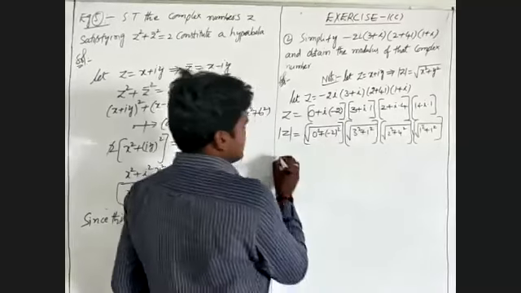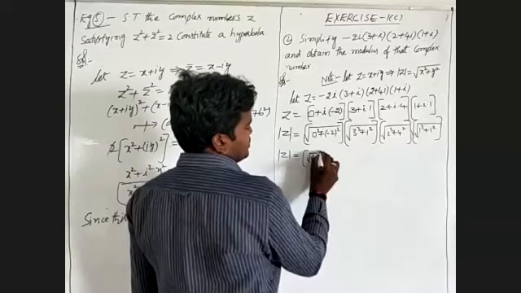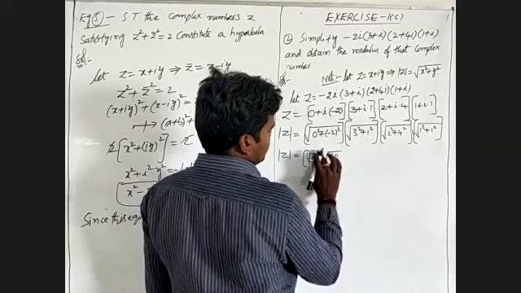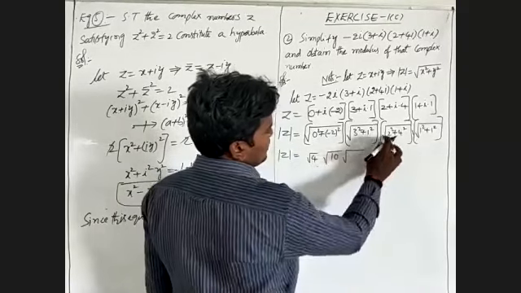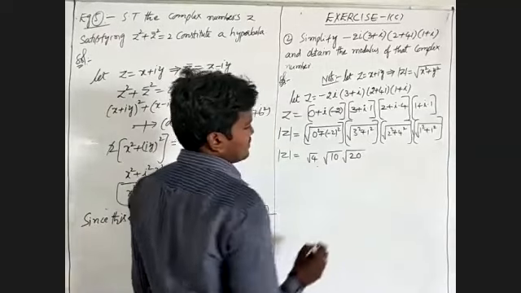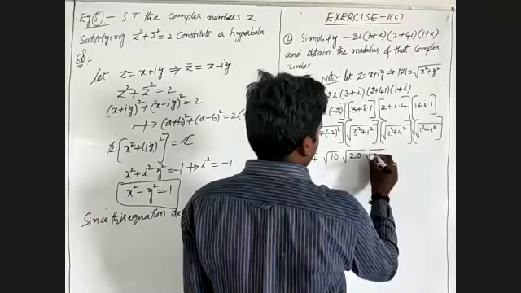It must be written as mod z is nothing but root 4 into root 10 into root 20 into root 2.